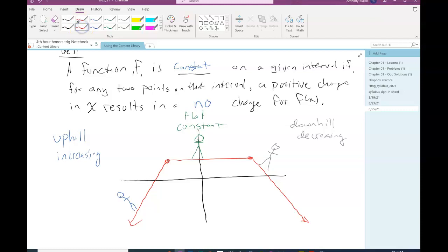So I'm going to just assign some points here to this graph, and we'll write our intervals of increasing and decreasing. So I'm just going to assign some points there.